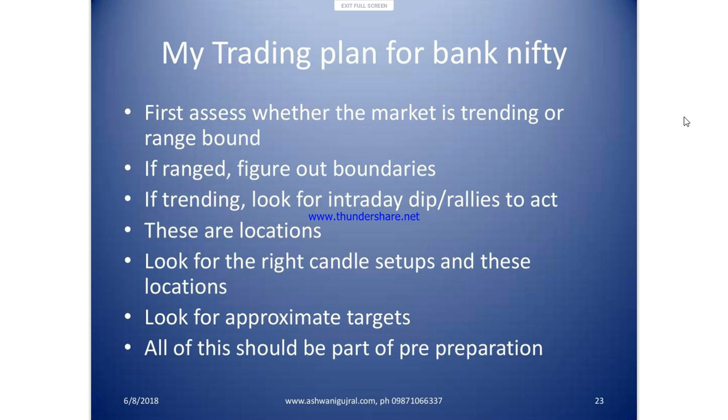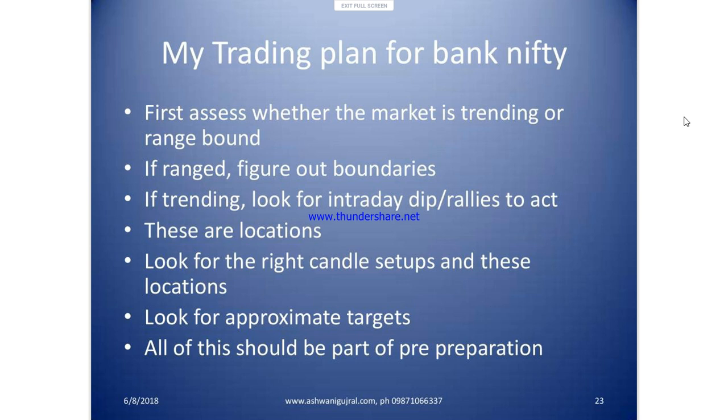And there are locations. They can give you location 1, 2, 3, 4, 5. What are the locations? What are the possible stocks where we could have setups? So the setup is often made on the current day, but the location tends to develop on the day before. Also, we look for an approximate target in case certain things start to work out.